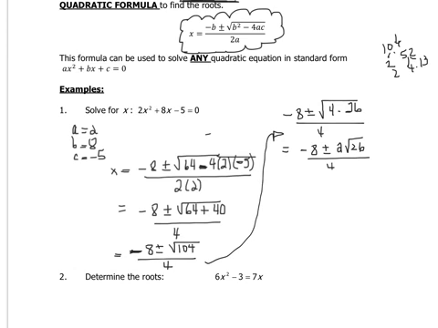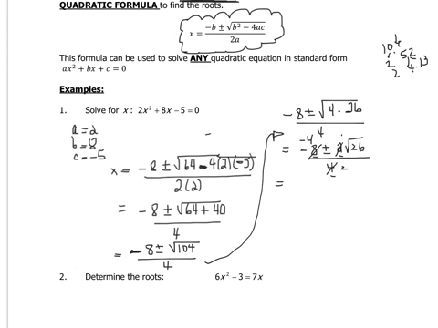When you look at these numbers, they all have a common factor of 2, so 2 goes into the top negative 4 times, it goes into that once, and it goes into that twice.